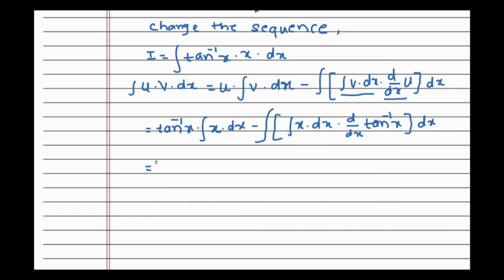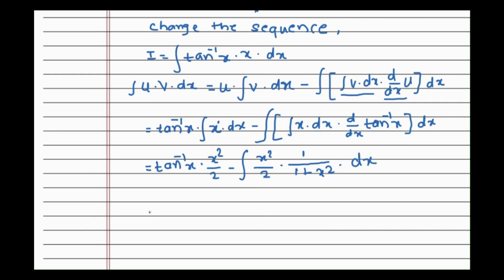Again here, let us find the integral. For the integration of x, we use the first formula. There is no power, which means the default power is 1. Integral of x raised to n is x raised to n plus 1 upon n plus 1, so it is x square by 2. Minus the integral, where again the integration of x is x square by 2, and the derivative of tan inverse x is 1 upon 1 plus x square, into dx.